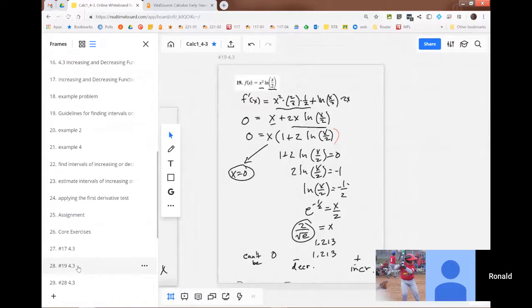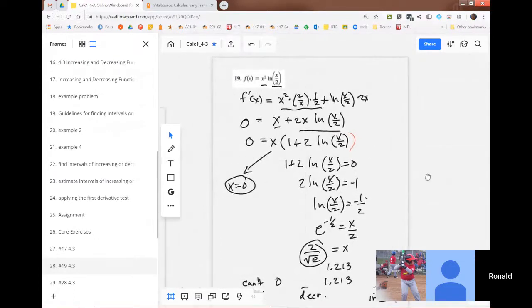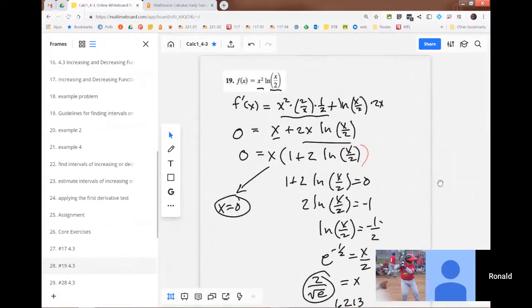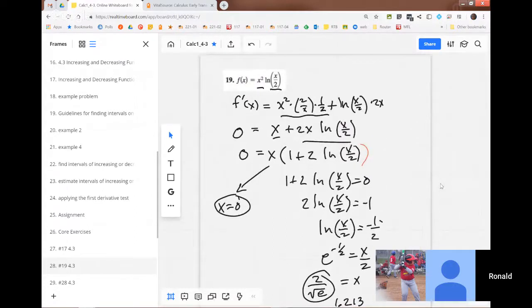Number 19, let's take a look at that one. The function is x squared times the natural log of x over 2. So, product rule, first times derivative of second. Chain rule, first times derivative of second. The derivative of the second is the reciprocal of x over 2, 2 over x.